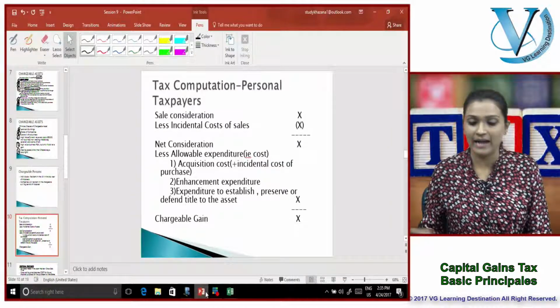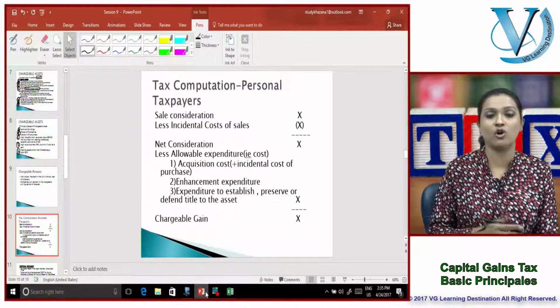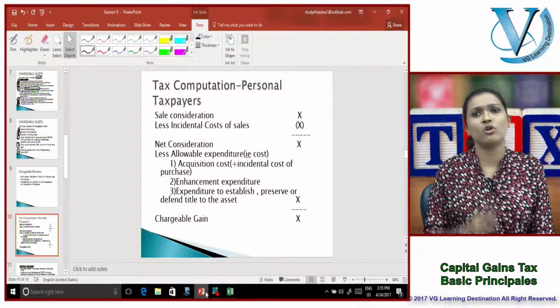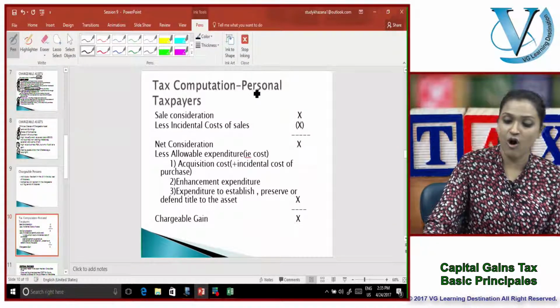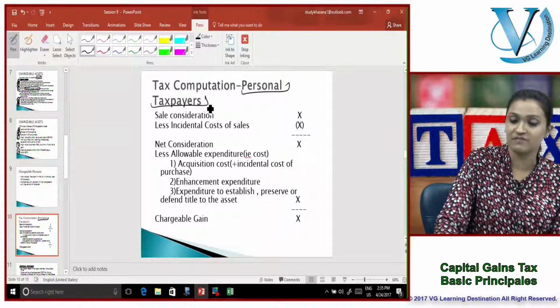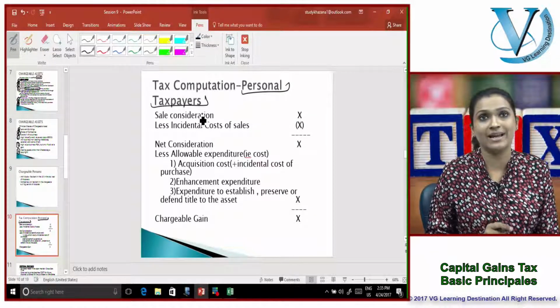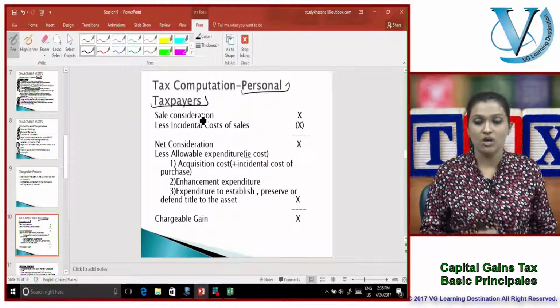Let's have a look at the pro forma that we need to follow in the exams. Please follow the exact pro forma. Now remember, this pro forma is for personal taxpayers. It's for individuals only that we are doing as of now. So what do you take?